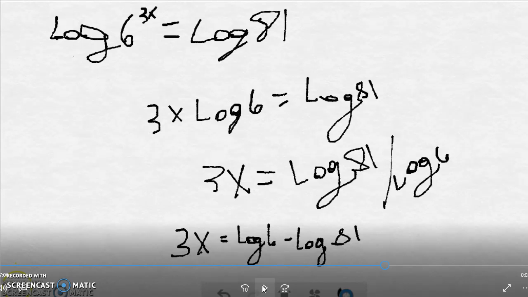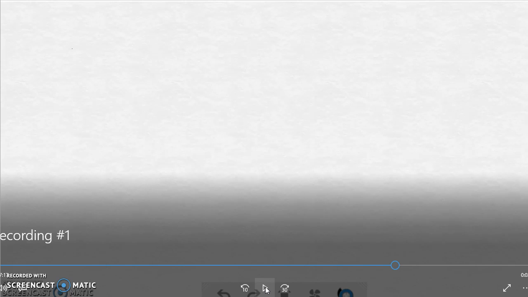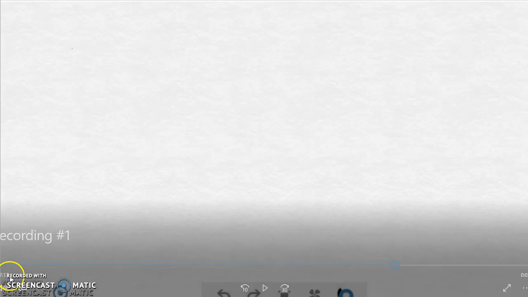And we can use a calculator to get what these logs equal. Oh, and don't forget to also divide by 3 after you've calculated that, which you can use a calculator for. Which again will be at the end of the video where I will show you.